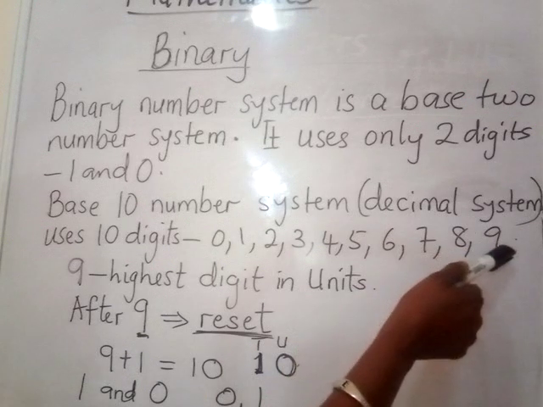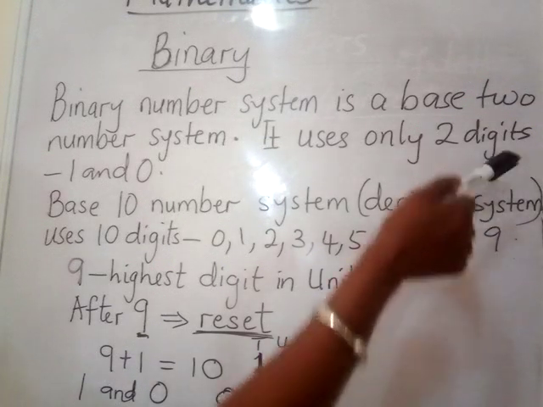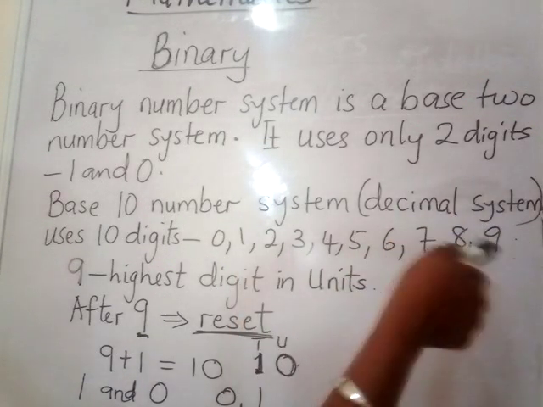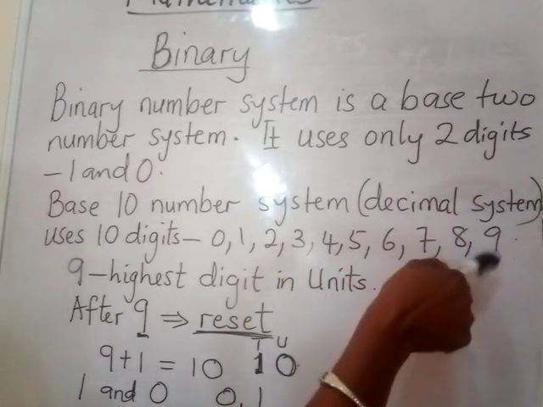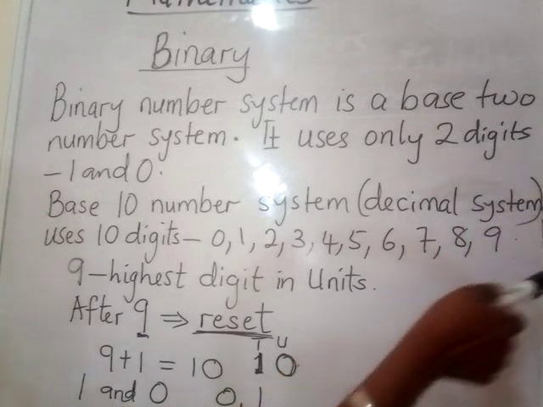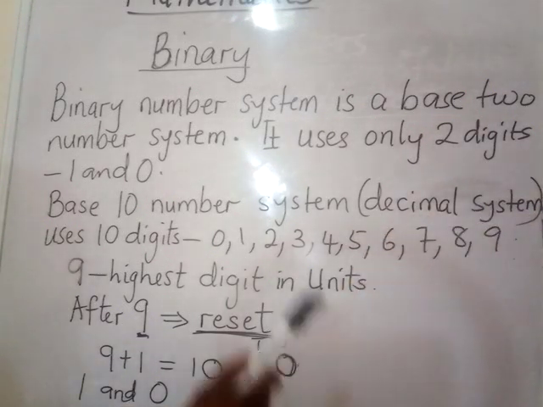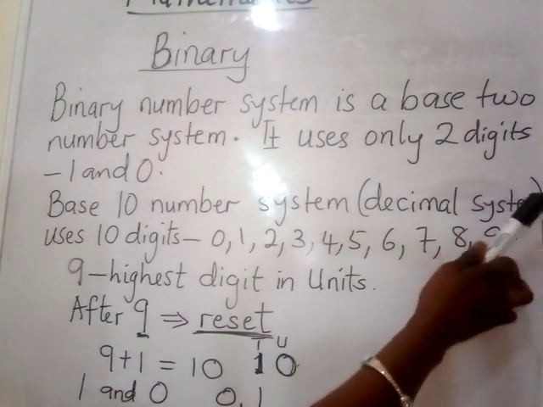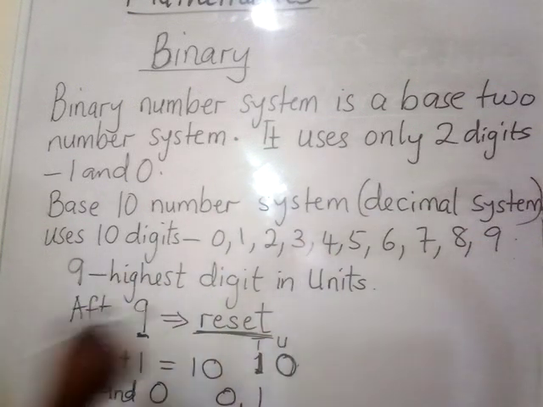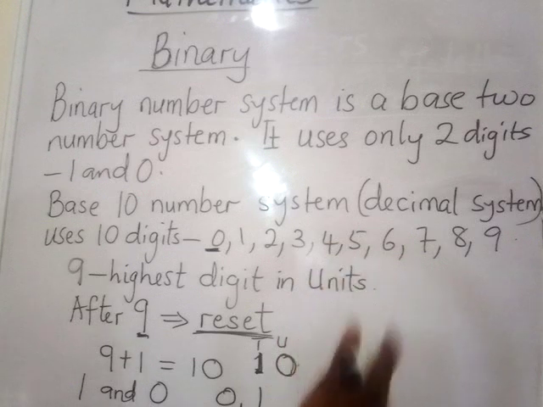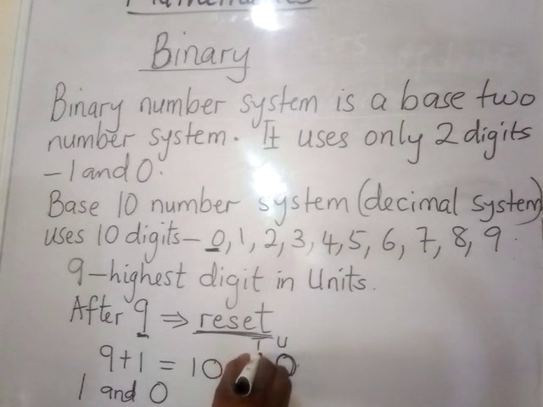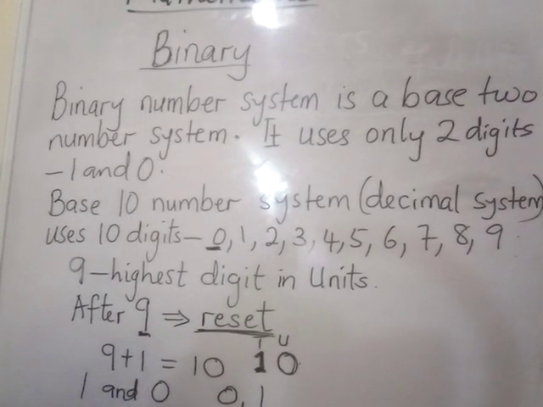When you get to 9, you have reached the highest symbol used to represent values in the decimal system, and for you to continue, you have to reset. In that resetting, the unit goes back to the smallest value, which is 0, and then the real value translates as 1 to the next column, which is the tens column.